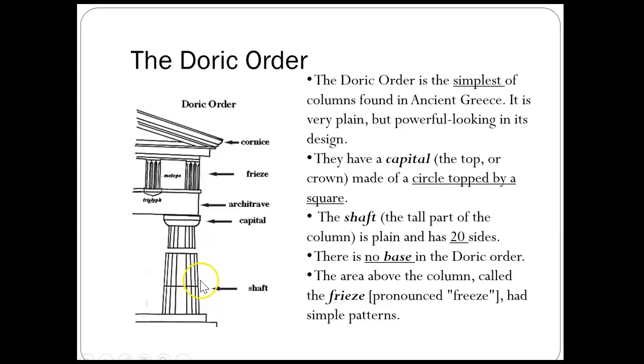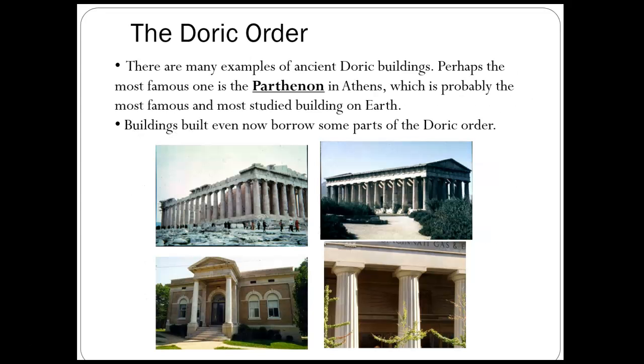And then you have this tall part that has 20 little parts to it if you count them all the way around. There is no base in the Doric order, so you'll see how this just kind of dives into the step here. The area above the column is called the frieze, and it had very simple patterns. In this case, it's just lines. So that's everything for the Doric column, the Doric order.